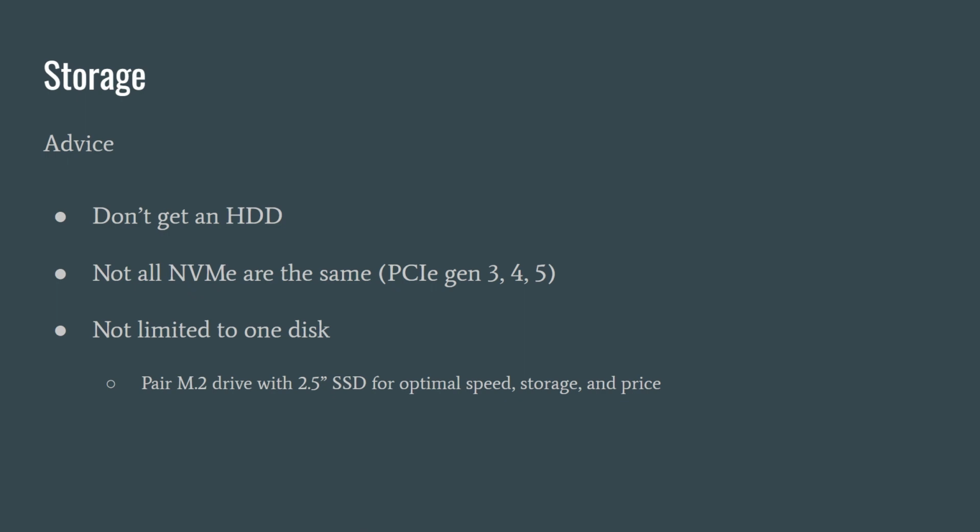Combined they provide 1.5 terabytes of storage, which is plenty for me, and they're a lot cheaper than a single 1.5 terabyte M.2 stick. So you can play around with the number of disks and the configuration to get an optimal price point, without compromising on speed and size.